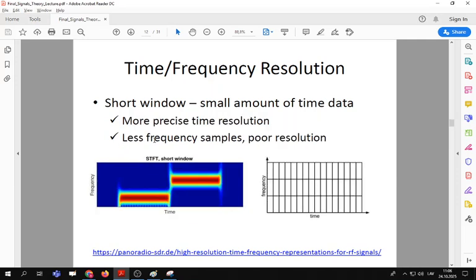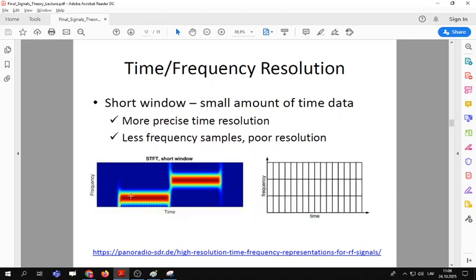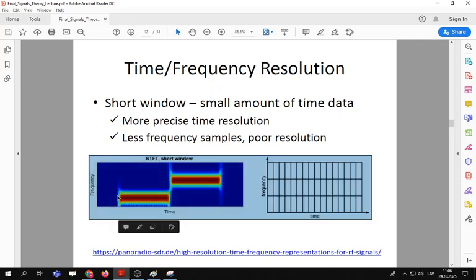So on picture one, we have better time resolution, seeing when that actually happens, yes? So here or here. But the frequency itself is not so accurate. Yes, we cannot say particularly that this is some particular precise frequency.